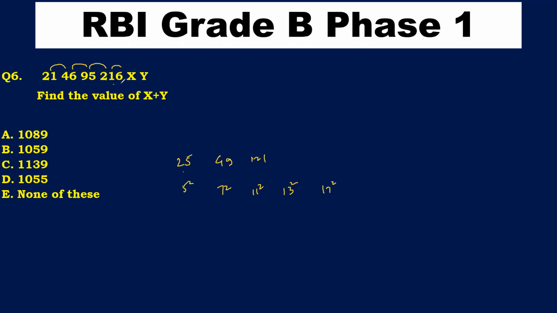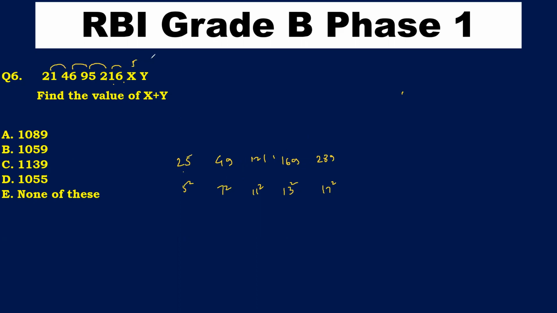So if you add 216 plus 169 and then 17 square is 289. So if we add these two, 216 plus 169, the last digit should be 5.